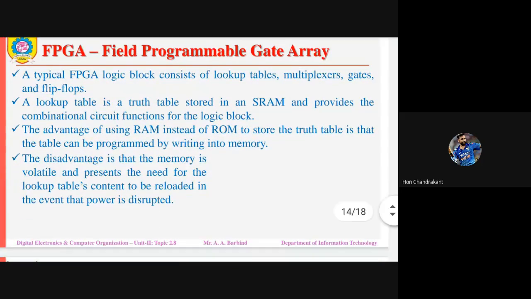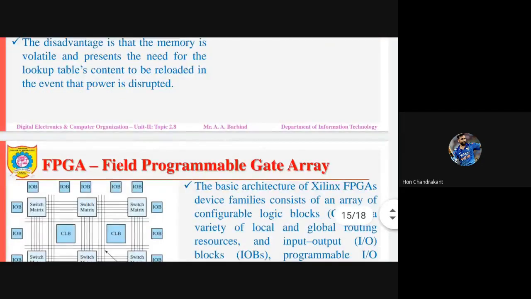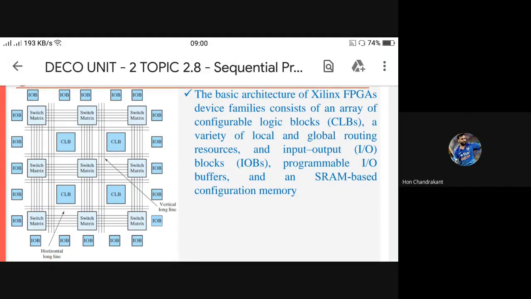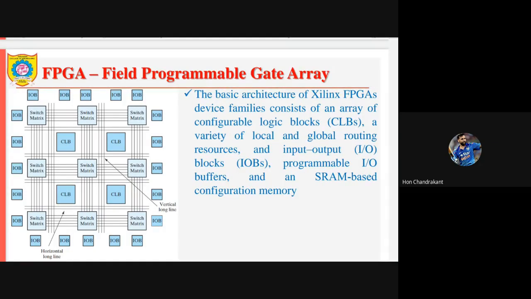CPLD. Of course, FPGAs are larger than CPLDs. Now you can see here that, as expected, this particular FPGA is more complex than a CPLD. The building blocks of this FPGA are the CLBs, that is configurable logic blocks.